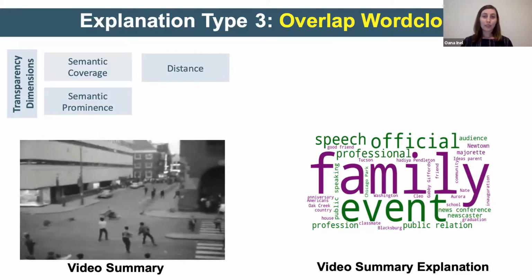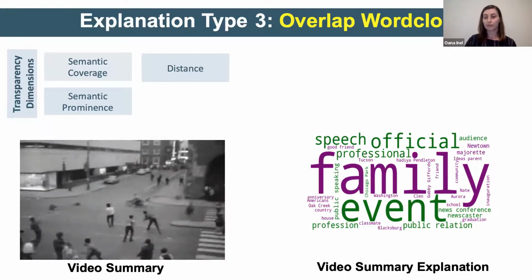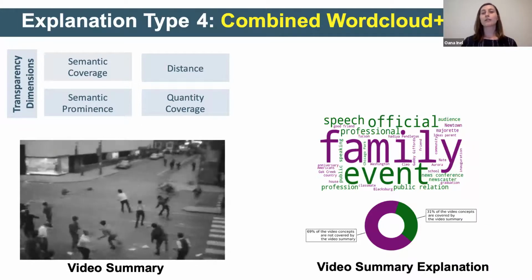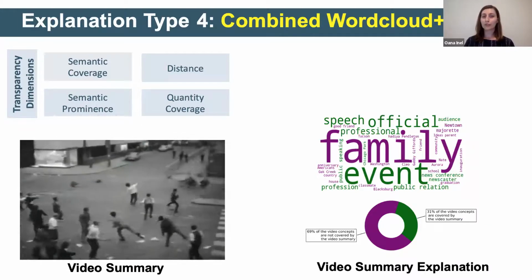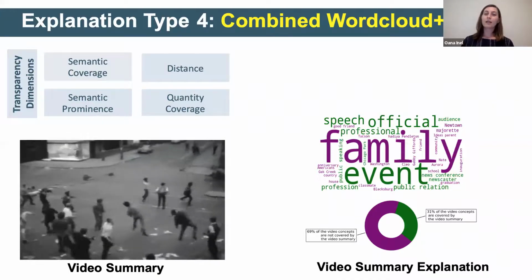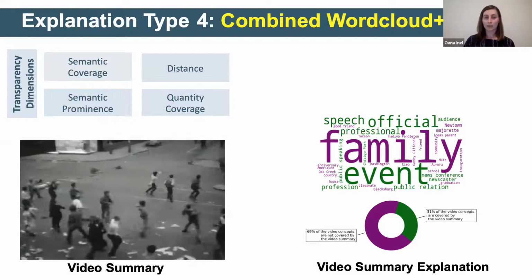The size of the words indicates the prominence of the concepts in the original video. And finally, we have the explanation combined word cloud and fraction, which represents all 4 dimensions of transparency, and it's a combination of the 2 previously introduced explanations.